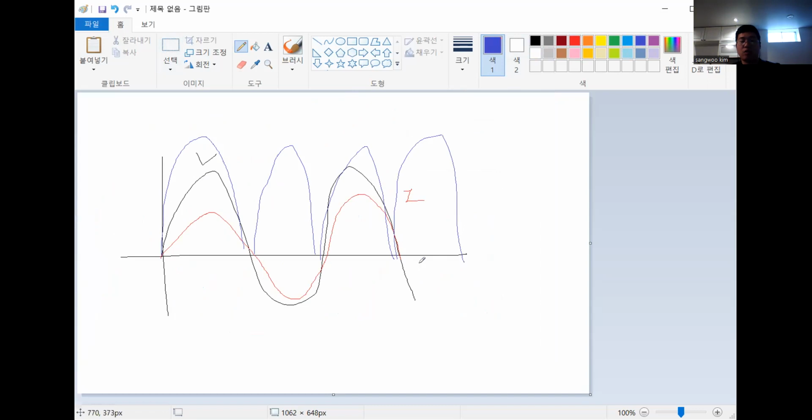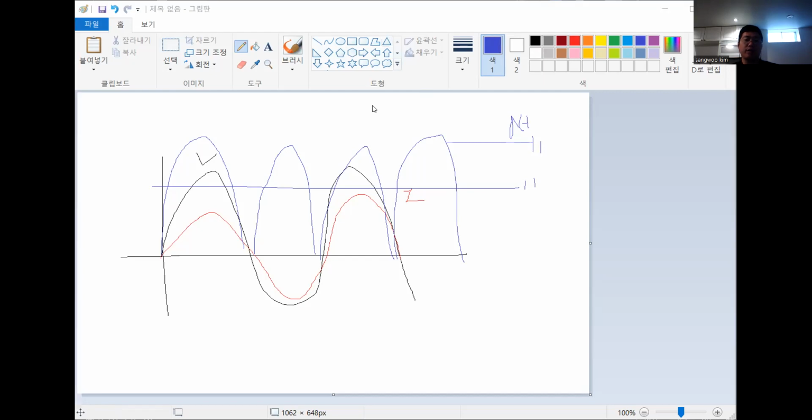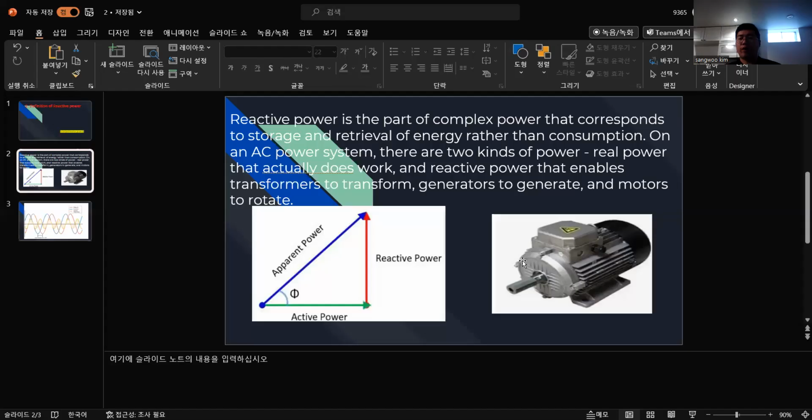And if we calculate the average value, that is active power. Yeah, that's the difference. So don't worry about it. We will focus more on reactive power, because active power, we know that, right?